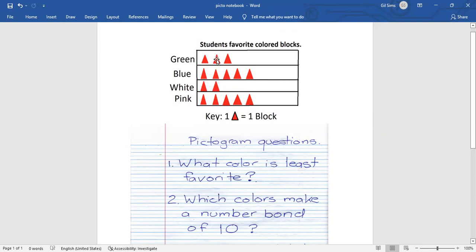No. 3 and no. It's 5 plus 5. 5 plus 5 is a number bond of 10. 5 and 5 makes 10. So which two colours? Blue and pink make a number bond of 10.